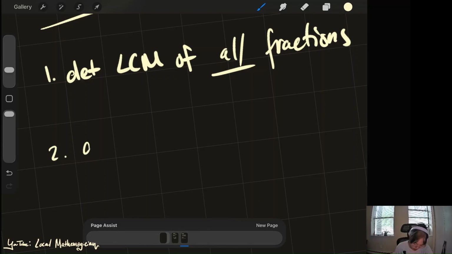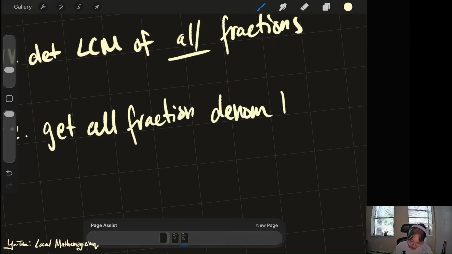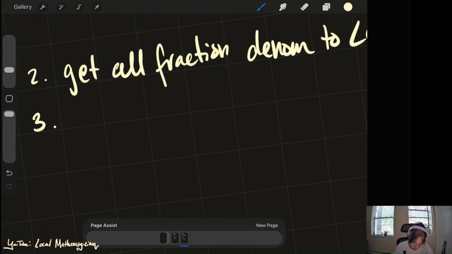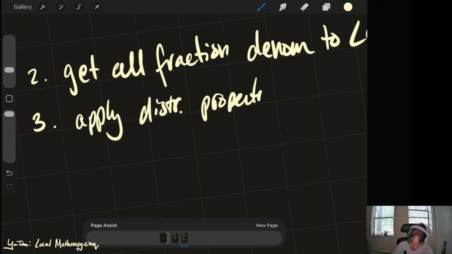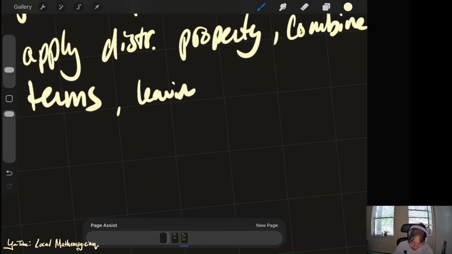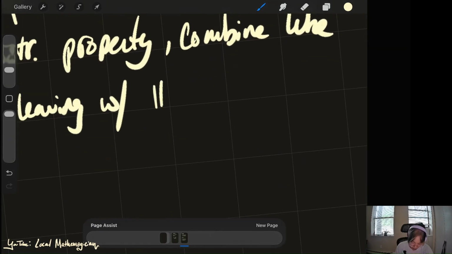Get all fractions' denominators to the LCM, apply the distributive property wherever necessary, combine like terms, leaving you with step 3 of method 1.